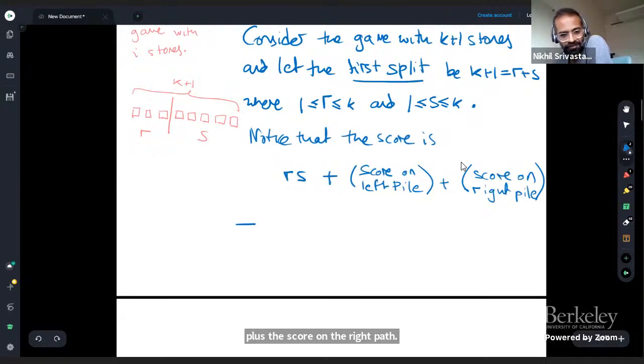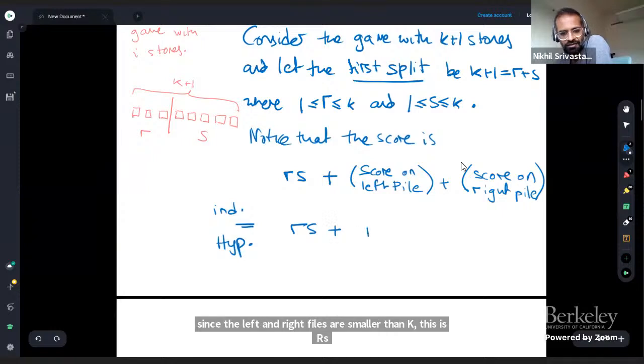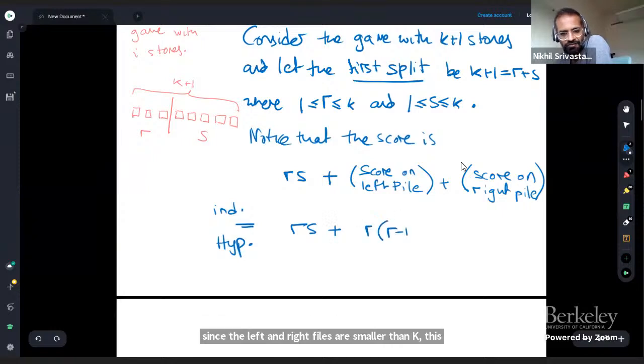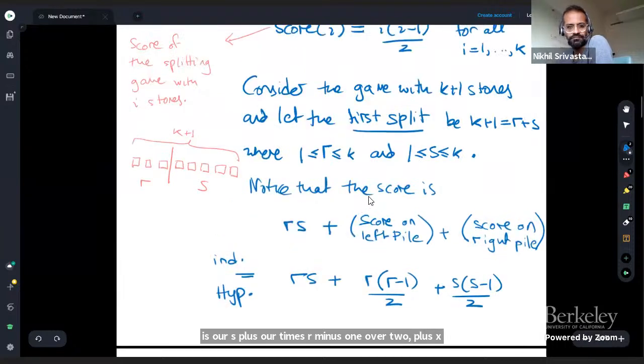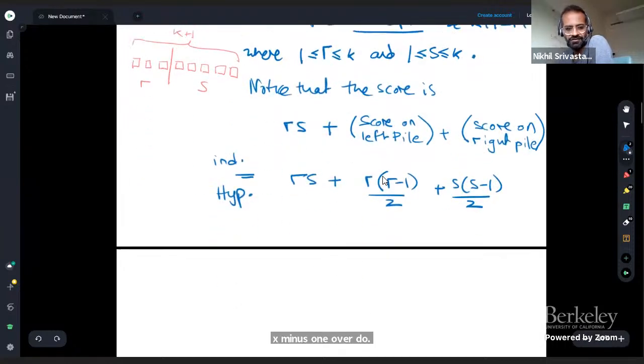And now, by the inductive hypothesis, since the left and right piles are smaller than k, this is rs plus r times (r minus 1) over 2 plus s times (s minus 1) over 2, which now we have to do a little bit of algebra.